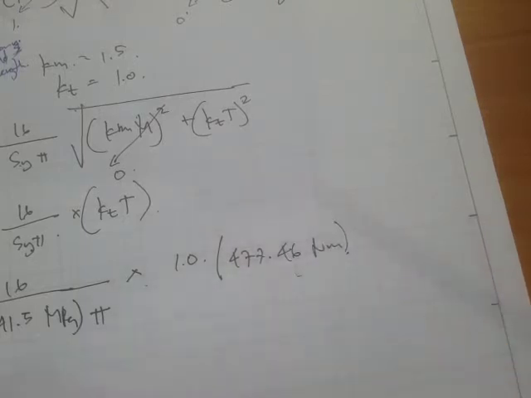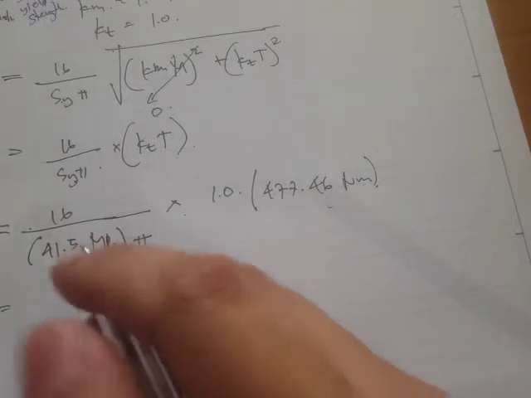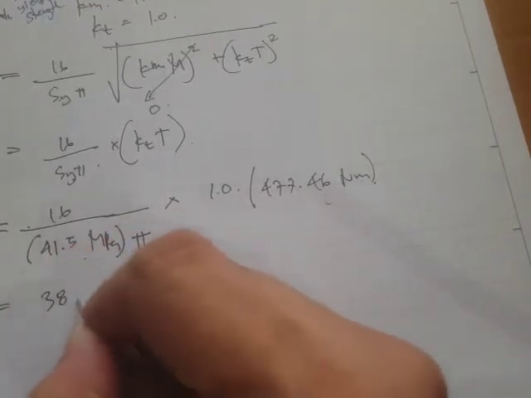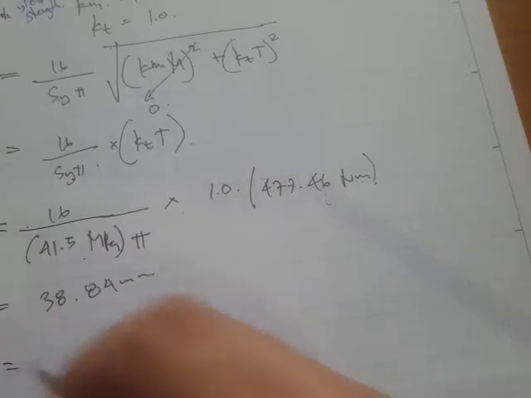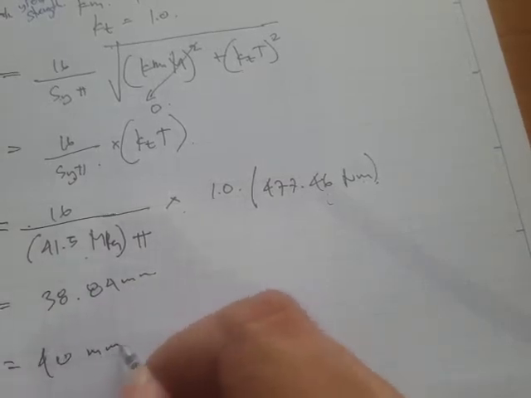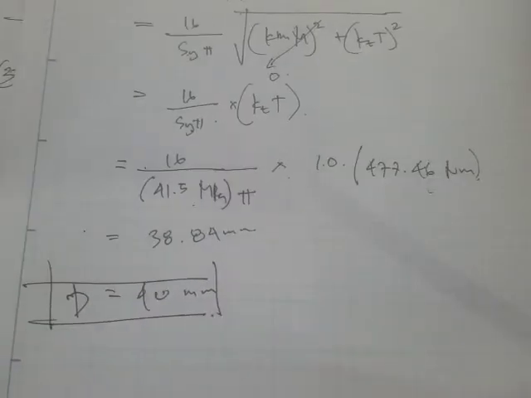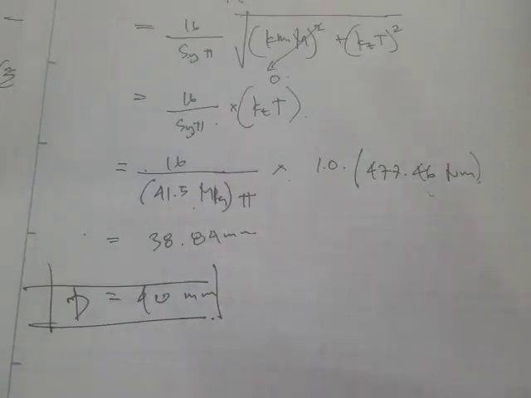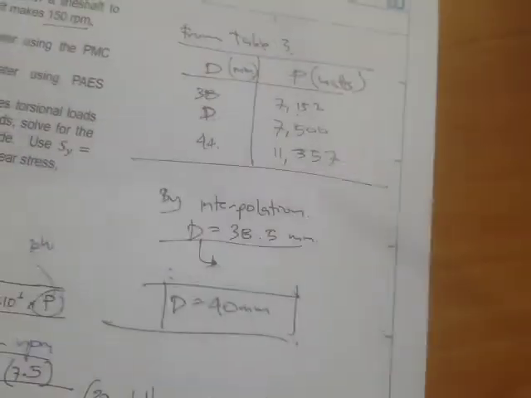If you check the units, meters, millimeters, we just need to be consistent with the units, and what we get here is 38.84 mm. So again, d is equal to 40 mm. Okay, I think that's pretty straightforward.